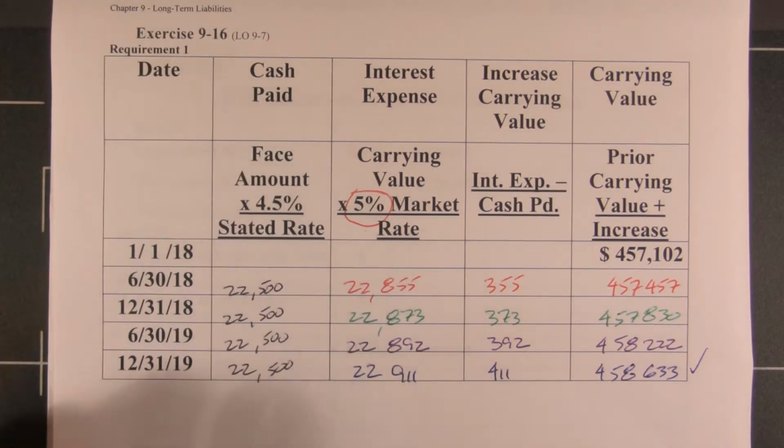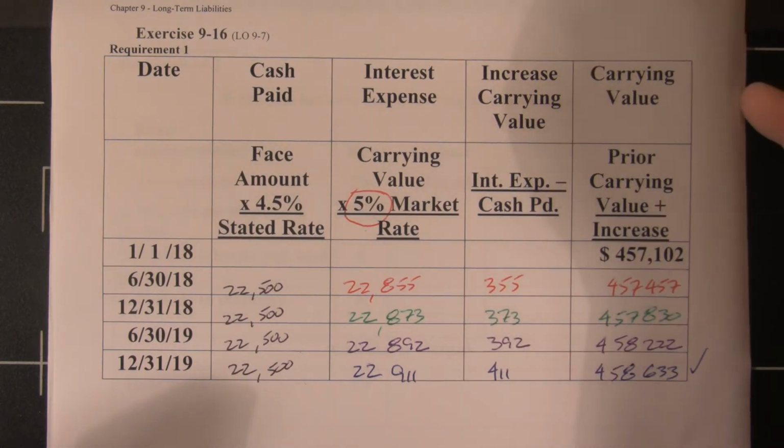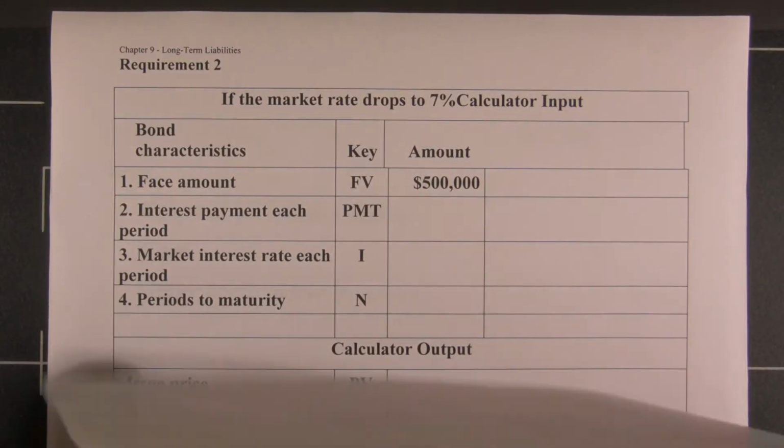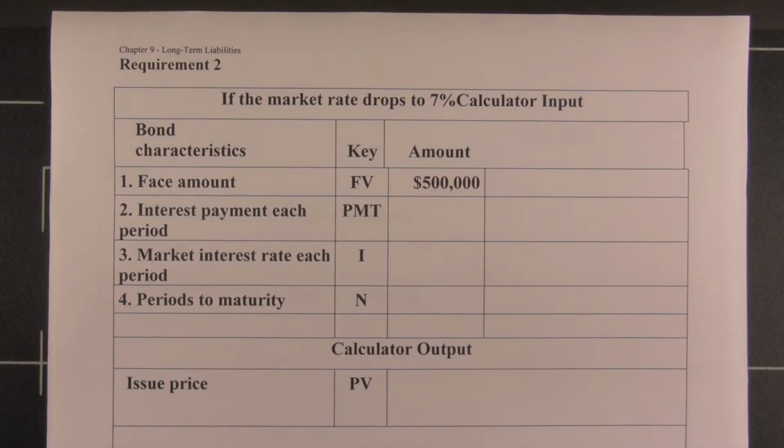And they tell us that the bond is going to sell for $601,452 because the market rate has dropped to 7%. So now the market rate has gone below what our face rate is, so our bond, which originally sold at a discount, will now sell for a premium. So we have to fill in this information.